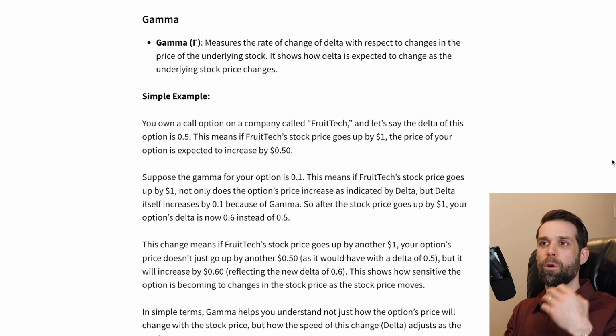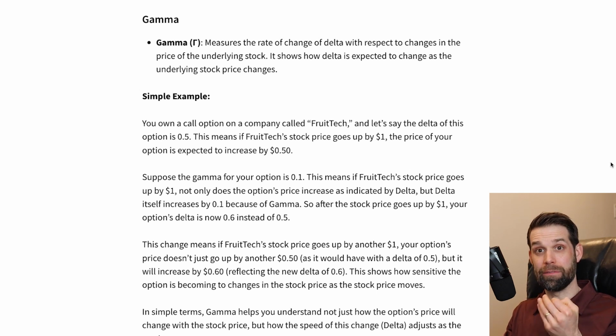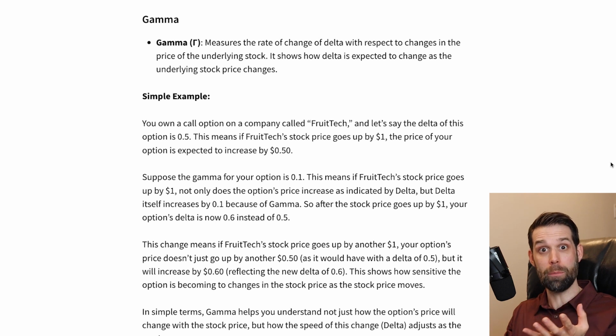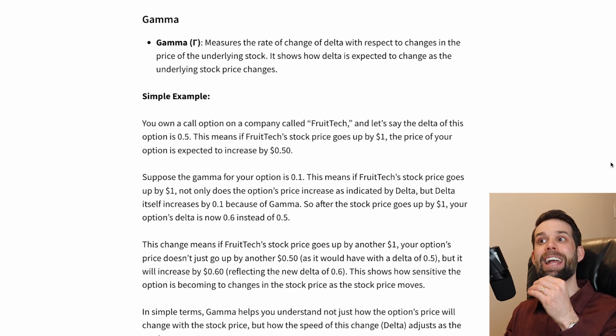So a simple example for understanding gamma: you own a call option on a company, let's call it Fruit Tech. And let's say that the delta of this option is 0.5. So again, this means that if the stock goes up by $1, the price of your call option is going to increase by 50 cents. The delta is 0.5.